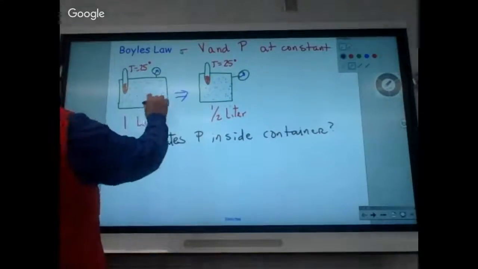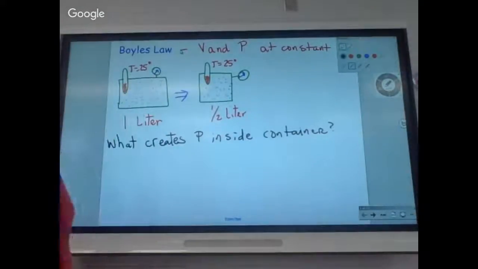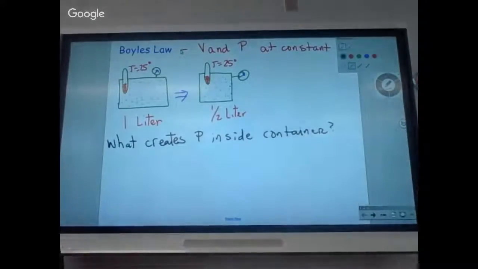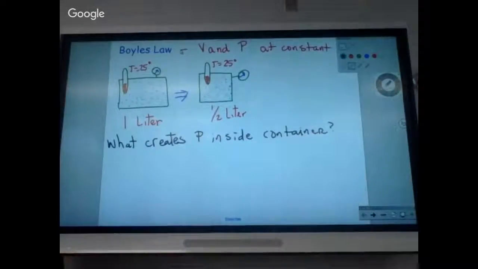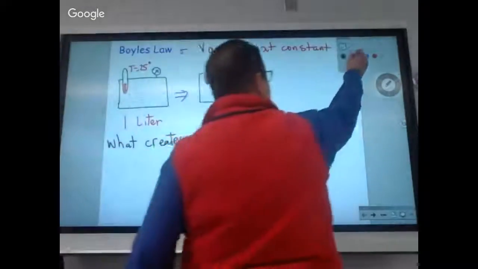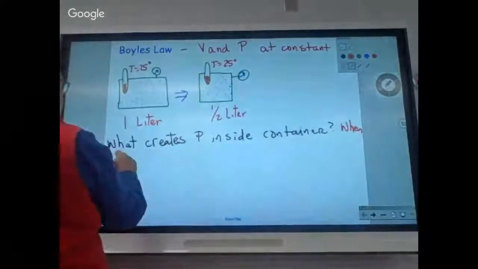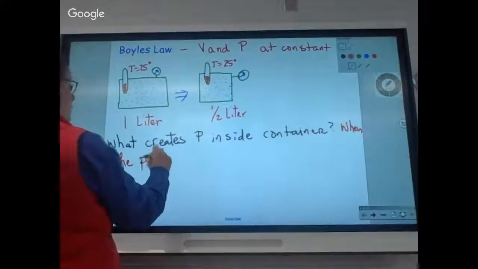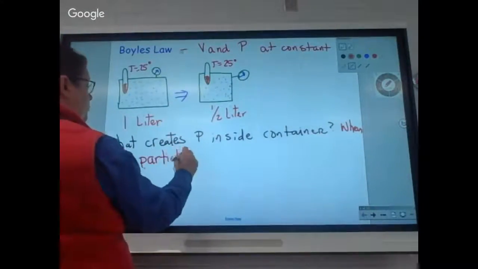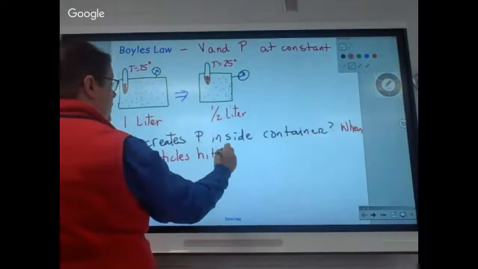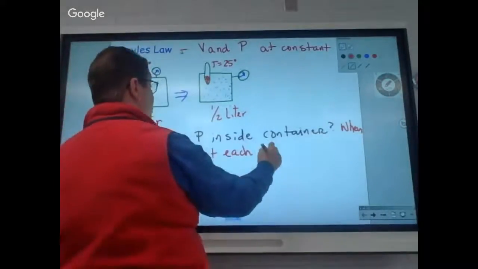What do these particles do inside the container? They bounce around. They bounce around and do what? They bounce off each other. Okay, so pressure is created when the particles hit each other. And what else?